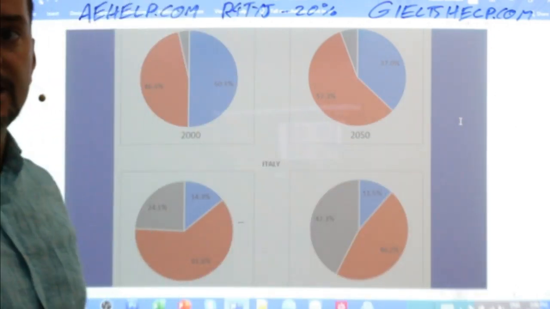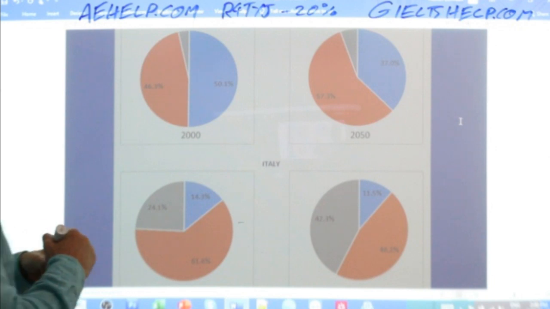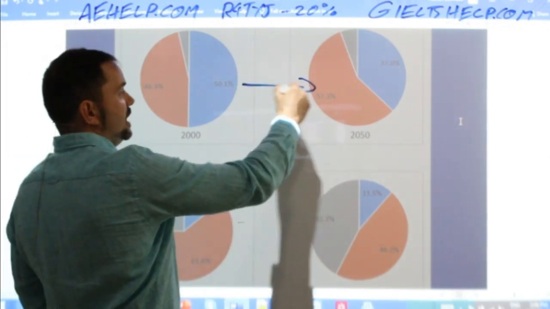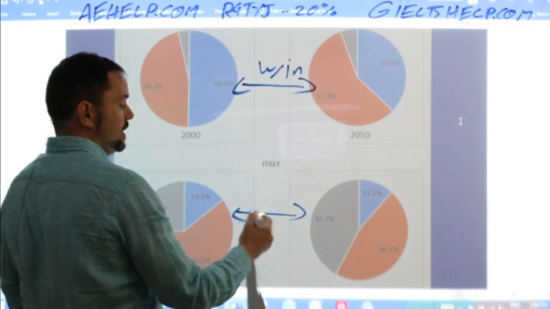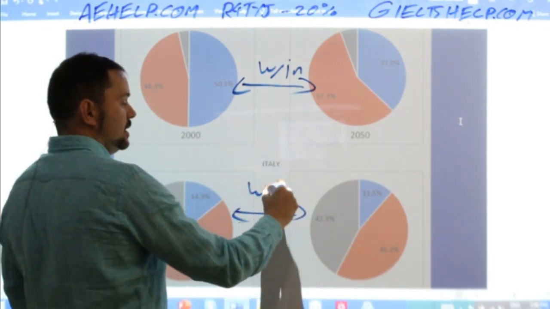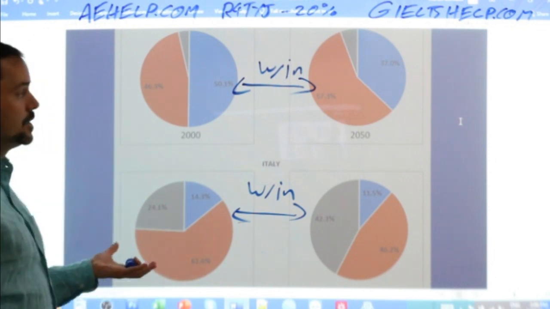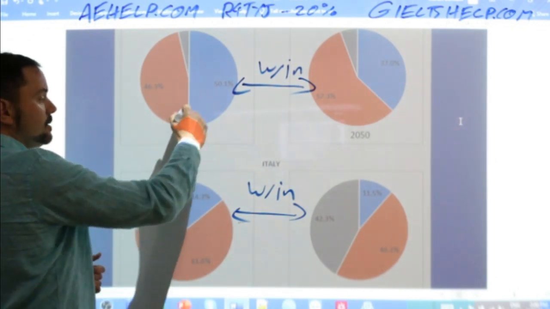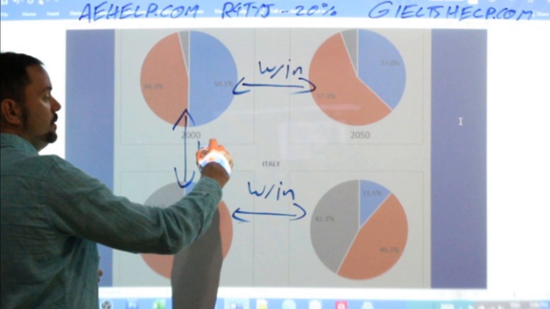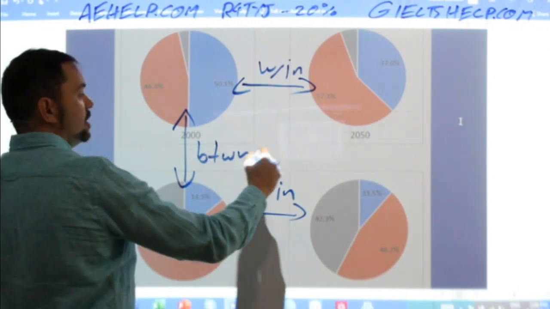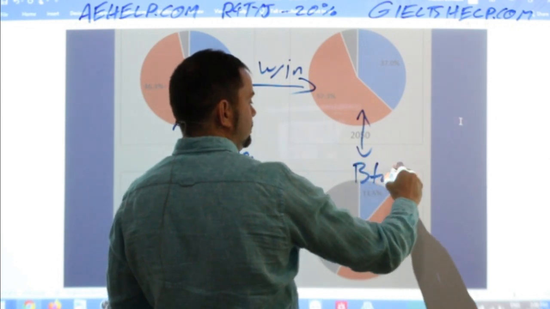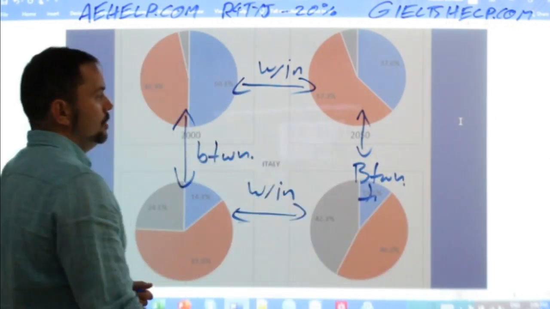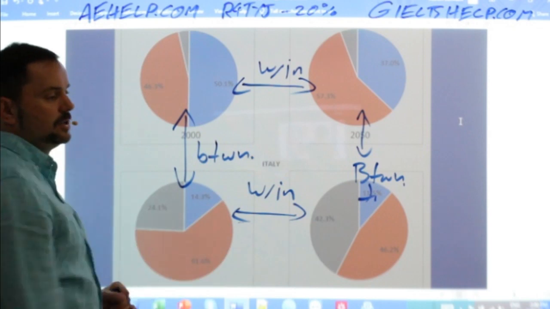Okay, so when you're looking at multiple pie charts, students, what you're really looking at is the comparison within the country, right? So within Yemen and within Italy. And then, of course, you're looking at the comparison between the countries, right? You could even do more, but that's way too complex for the IELTS.